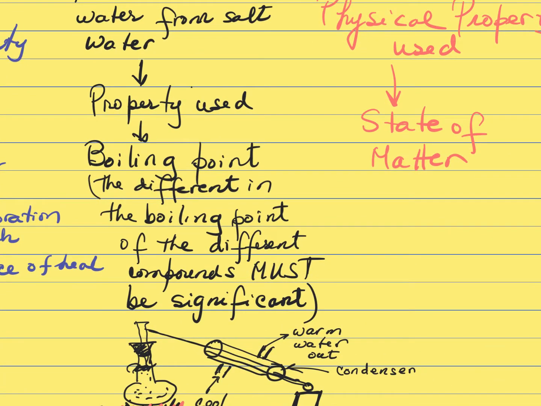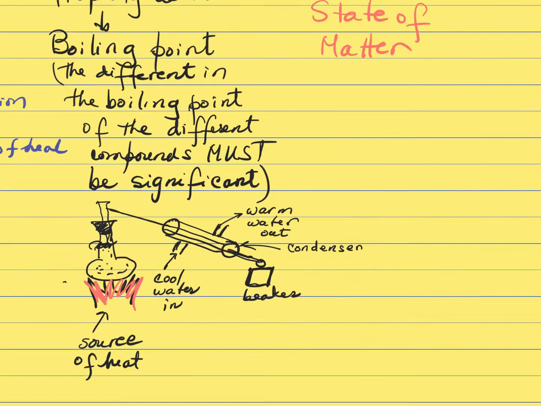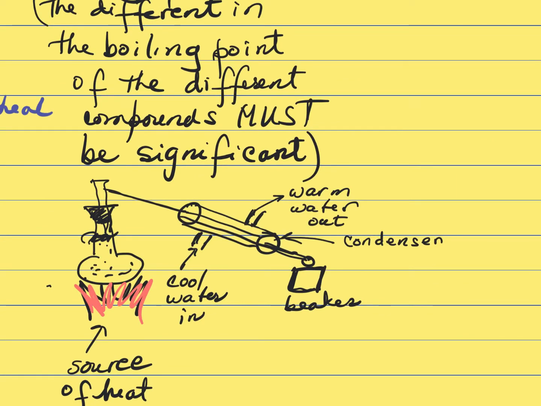Simple. Remember, the property that you're using for distillation is the boiling point, and over here you have an example of a distillation apparatus. So you have a flask over here with your solution. You're going to input a source of heat.